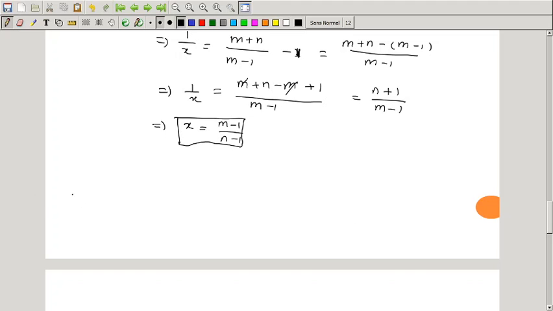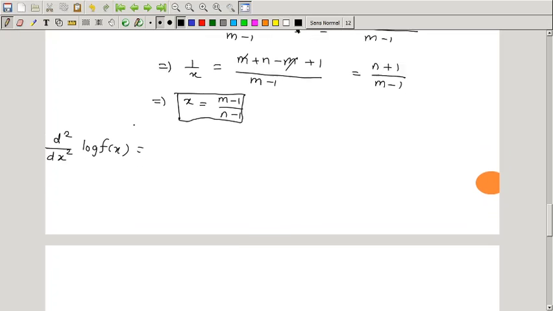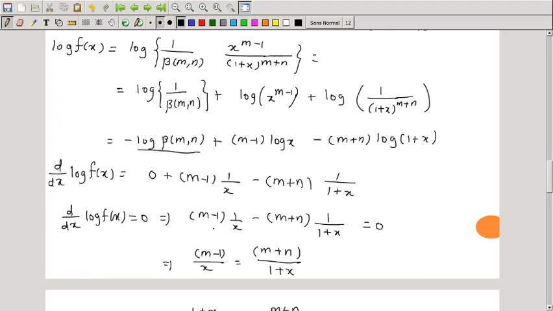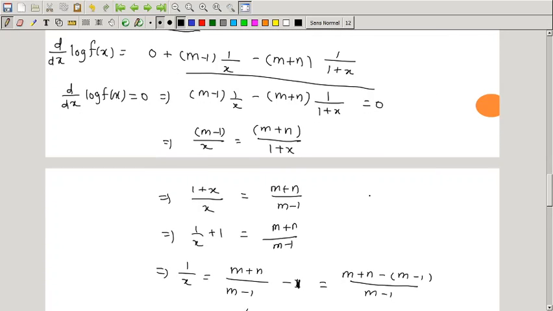Okay, so I have to take the second derivative, d square upon dx square of log of f of x. This is your log of f of x. So the second derivative means the derivative of this first derivative. What is the first derivative? This term. This is your first derivative, so I have to differentiate this.